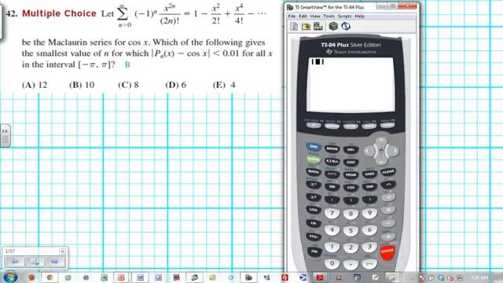Let me put -1, and let me subtract from it the polynomial, which is the 4th order polynomial.